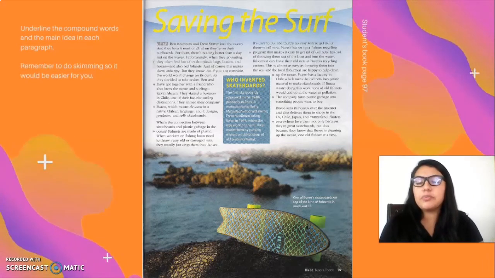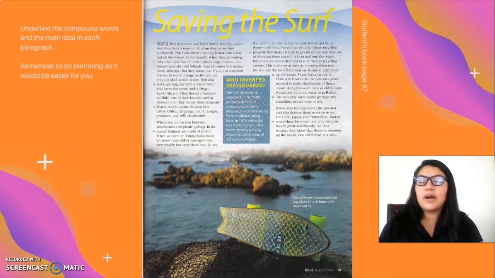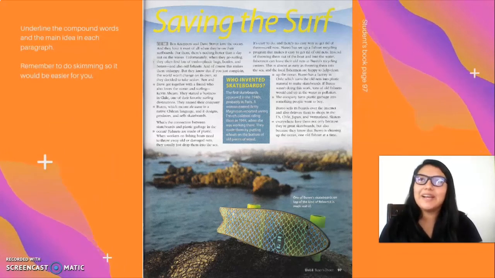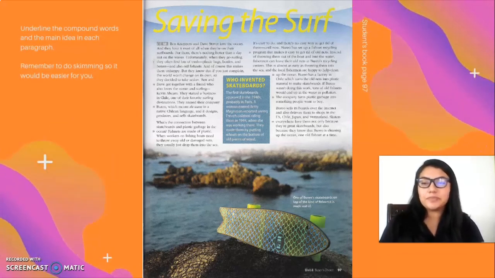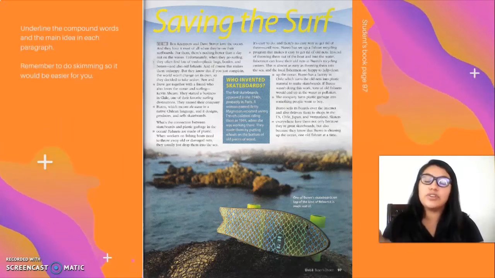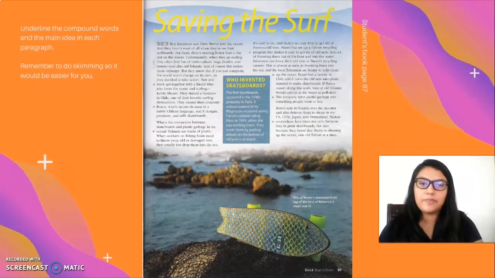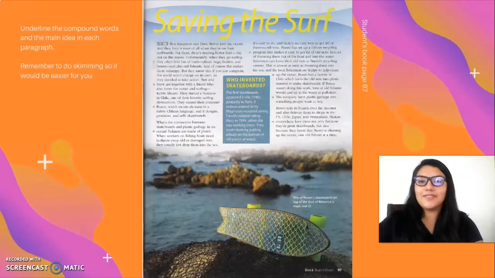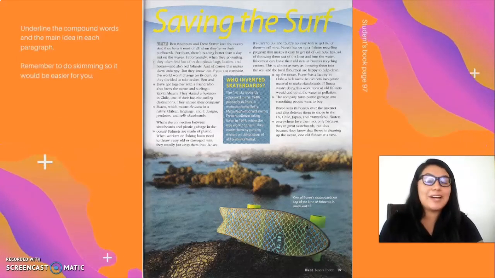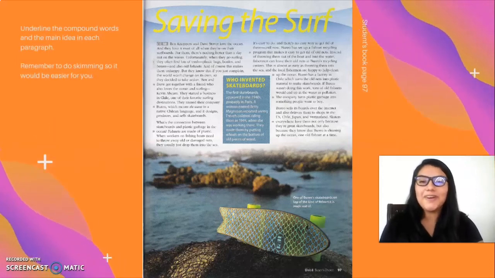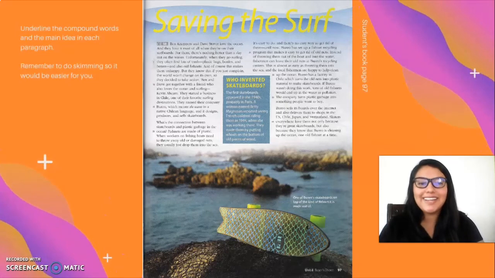I don't know if you remember, but it's like doing a quick reading and you just need to look for the main ideas. If it's easier for you, you could also underline them, and also you could underline the compound words. So I'm going to give you some time, you could pause the video while you are reading this article, okay?